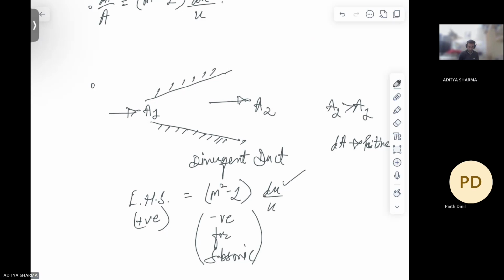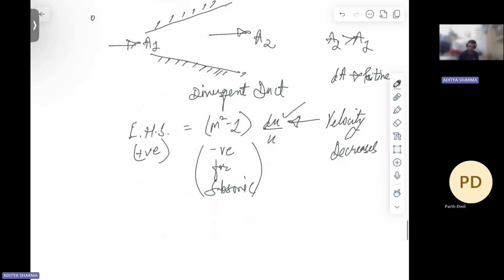So your velocity decreases: if the flow is subsonic and the duct is divergent, the velocity will decrease.